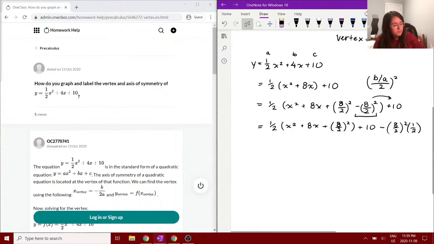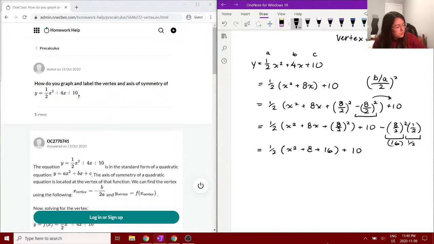Okay, now we can simplify a little bit. 1/2 x squared plus 8x. So 8 divided by 2 is 4, squared is 16, right? Plus 10, and we get the same thing. So this is 16 times 1/2.